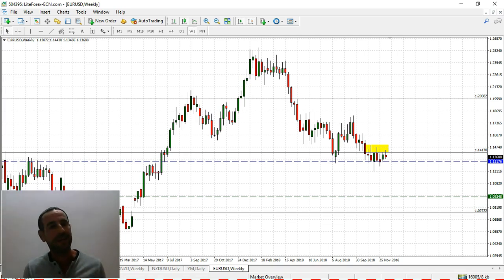Now, I'm going to take it to the technical picture, which is actually more interesting, to me at least, because, you know, the fundamental aspect is more of a long-term aspect, right? It's kind of the underlying powers that drive the trend, but we're talking about usually long-term, 3 to 5 years. Well, we want to zoom in a little bit. We want to fine-tune it.